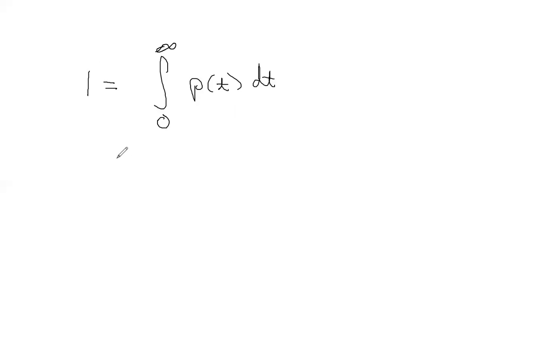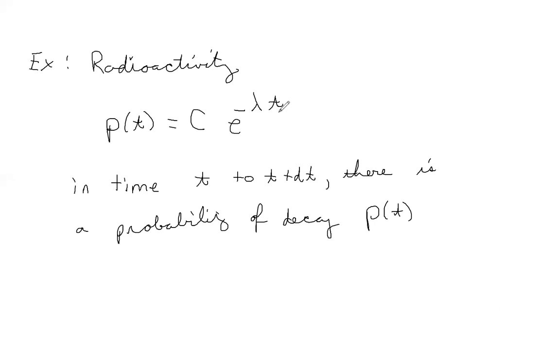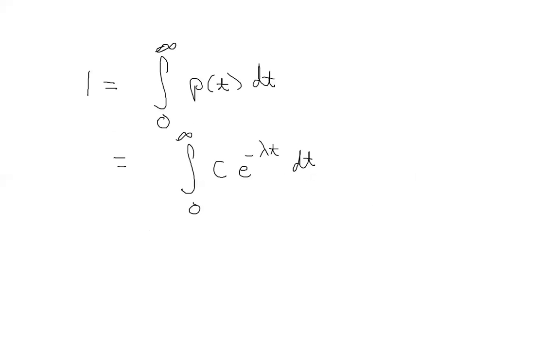So when I plug in c e to the minus lambda t dt from 0 to infinity, I should also say lambda is also just a constant. What it does is set the rate at which the probability for a decay fades away.